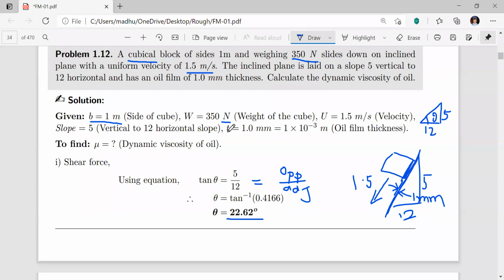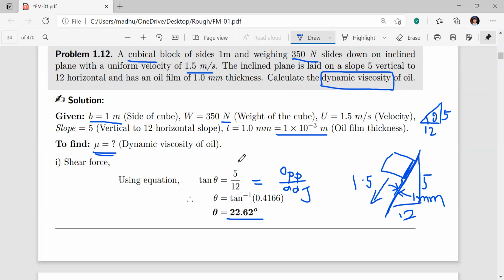Coming to the oil thickness, thickness is equal to 1.0 millimeter, which is equal to 1 into 10 to the power of minus 3 meter. Oil film thickness is 1 millimeter, that I have to convert into standard unit, 1 into 10 to the power of minus 3 meter. Now what do I have to calculate? We have to calculate the dynamic viscosity of the oil, that is the mu value.